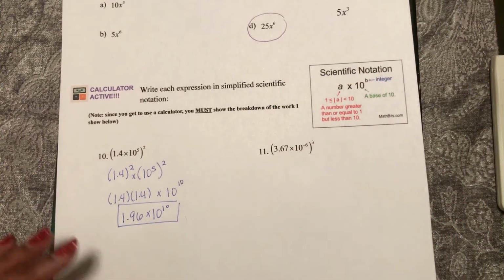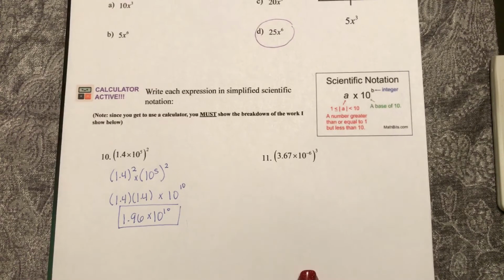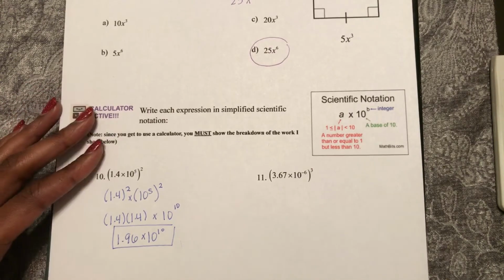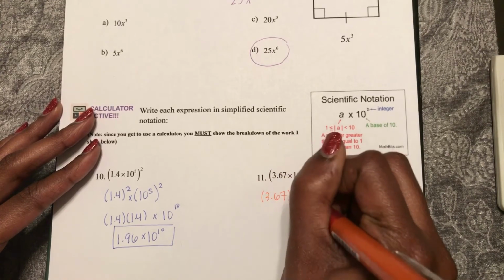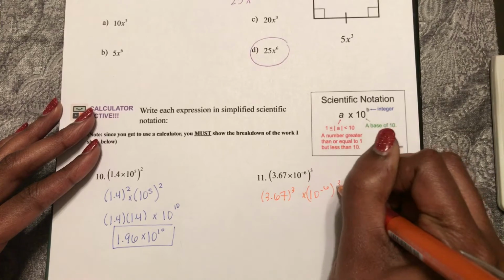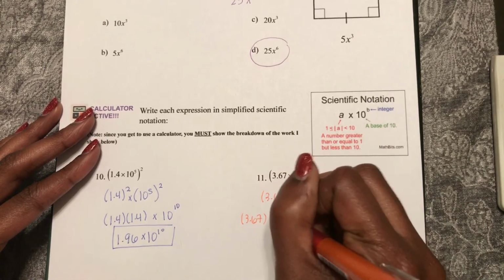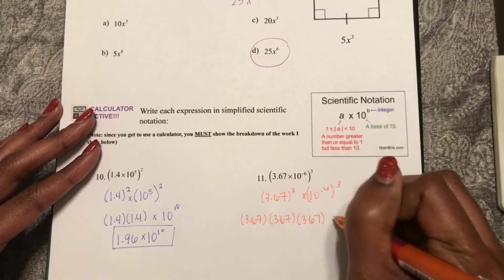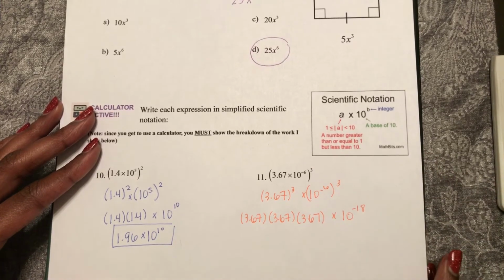Same idea here with this scientific notation in number 11, but now we're raising to the 3rd power. So that's going to be 3.67 to the 3rd times 10 to the negative 6 to the 3rd. So that's 3.67 times 3.67 times 3.67 times 10 to the negative 18, power to a power.